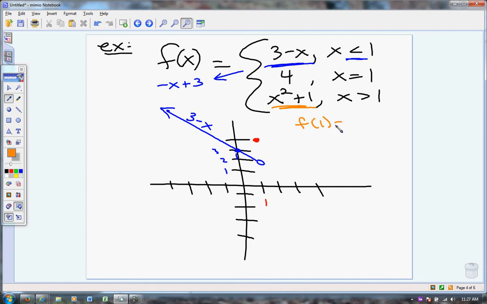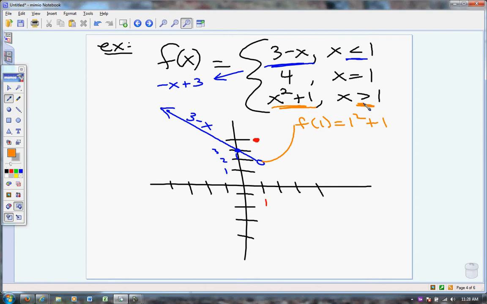What would f of 1 be? Wouldn't that be 1 squared plus 1? 2. So it looks to me like my parabola starts here and then curves up like that. But notice that we don't fill in that circle because this says greater than 1. All right? So that is the sketch of our piecewise function.